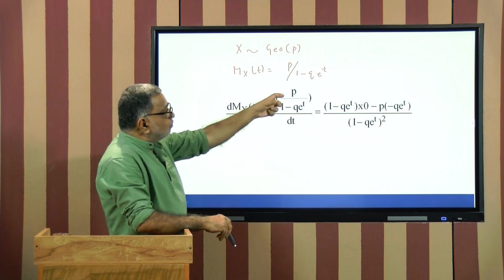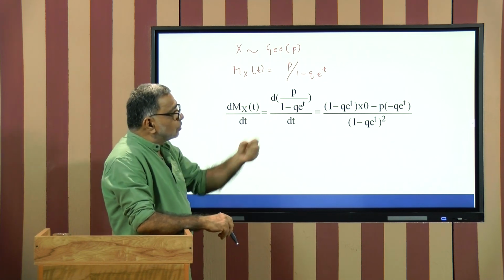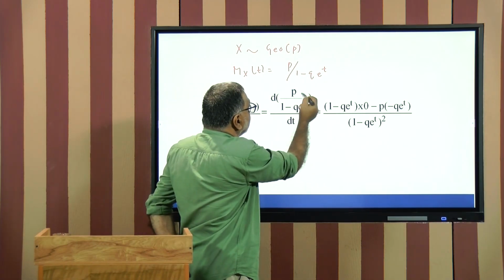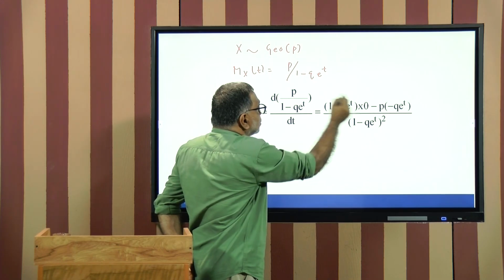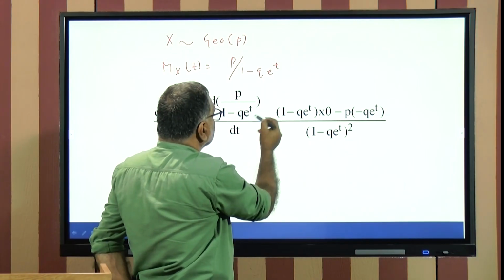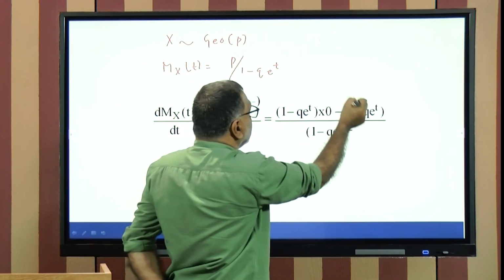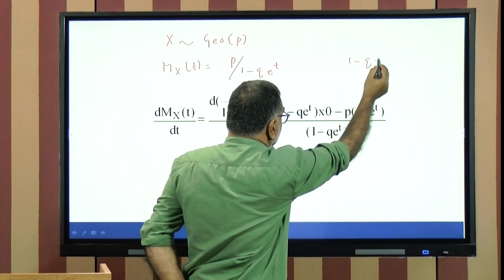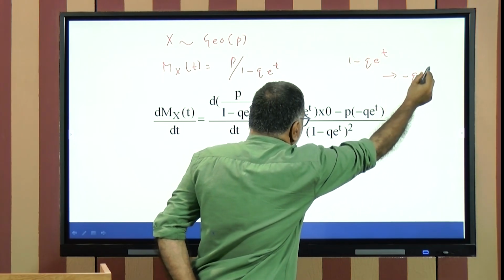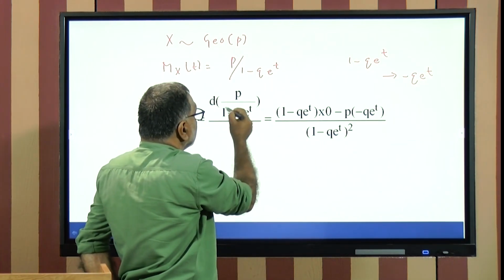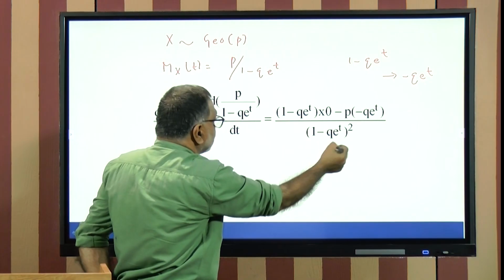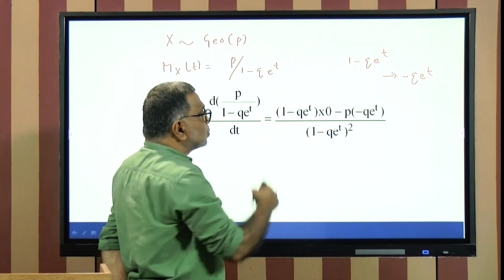Using the quotient rule of the derivative, this is equal to: 1 minus q e power t into the derivative of p, the derivative of p is 0 since it is a constant, minus p into the derivative of 1 minus q e power t, which is minus q e power t, divided by the square of the denominator, that is 1 minus q e power t the whole square.